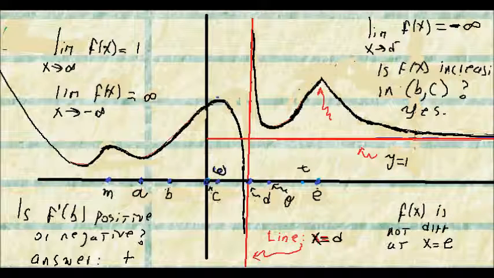The answer is yes, it is. This function is decreasing because if you were to compute the derivatives, the tangent lines would all be pointing down as you move along the graph of this function. So they will all be pointing down.